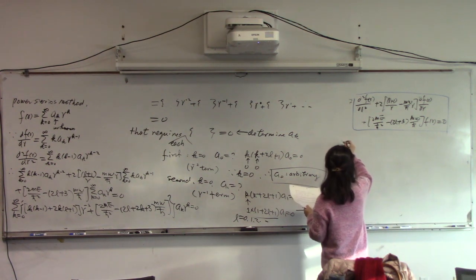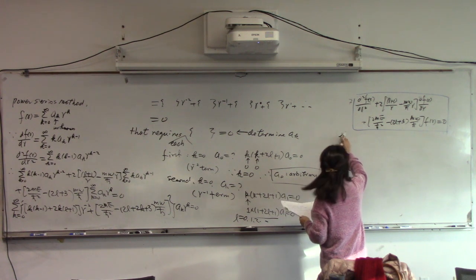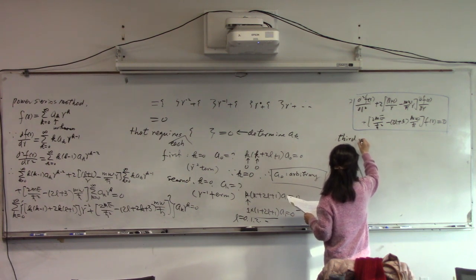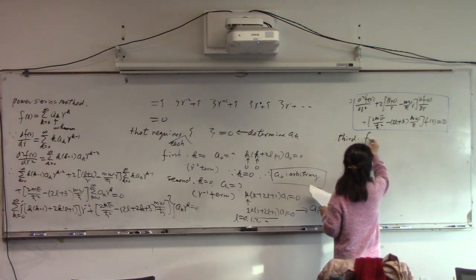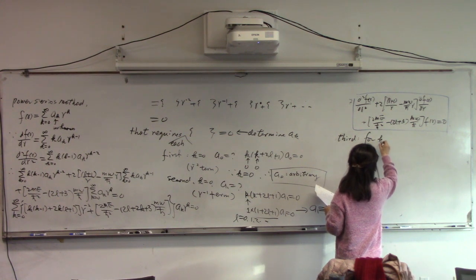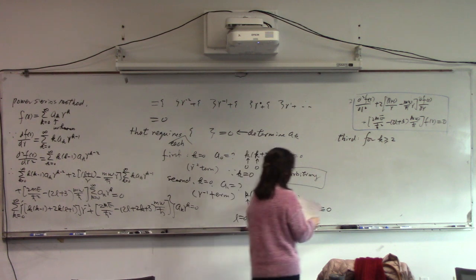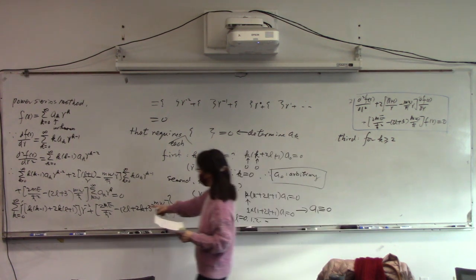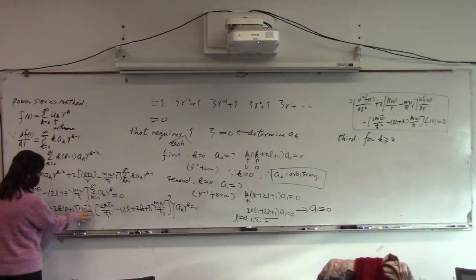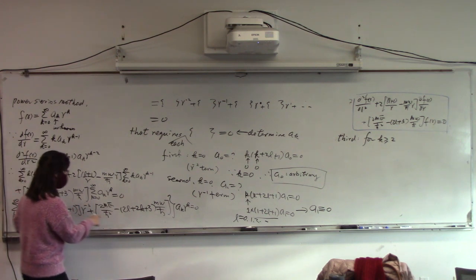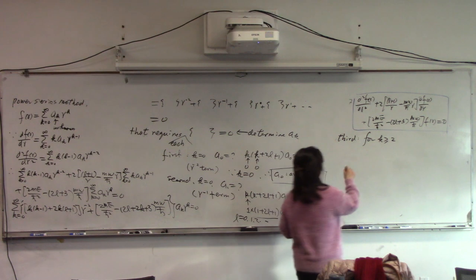Now we go to the third one, for k larger than or equal to 2. Now we can have the recurrence method, since we have a formula for k larger than or equal to 2. In this case, let's go back to this equation here and rewrite it.